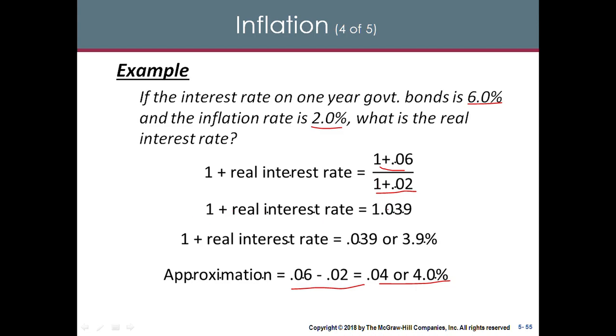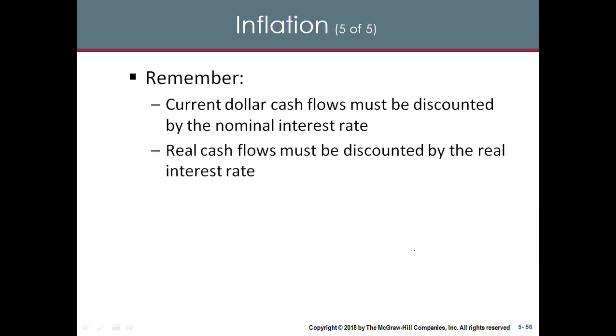When you subtract, 1.039 minus 1 would be 0.039 or 3.9%. So you can see it's almost close to the approximation, but 4% is not the exact value. 3.9% is the exact value of the real interest rate.